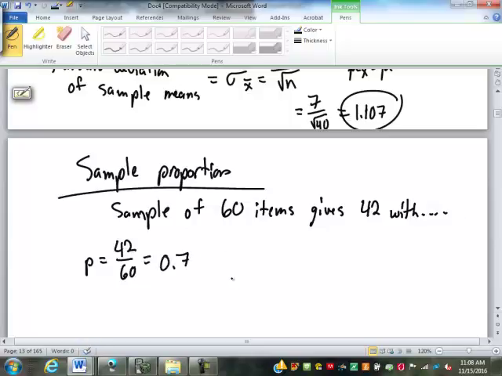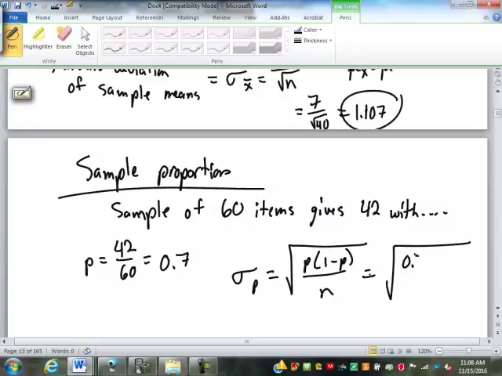The standard deviation of those sample proportions is going to be the square root of P times 1 minus P over N. So that's going to be the square root of P is 0.7, 1 minus P, 1 minus 0.7 is going to be 0.3, over N, which is 60.